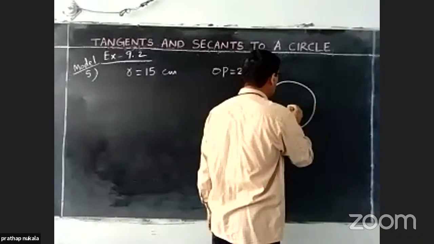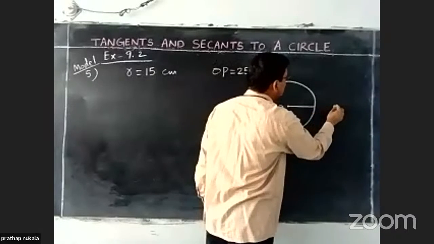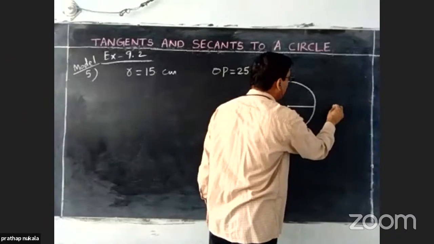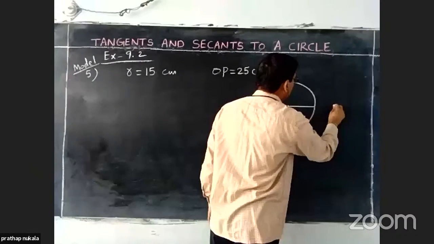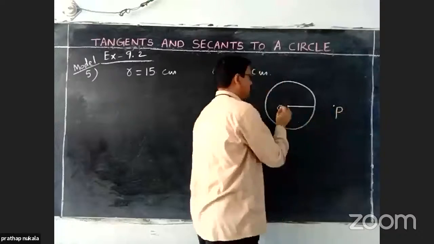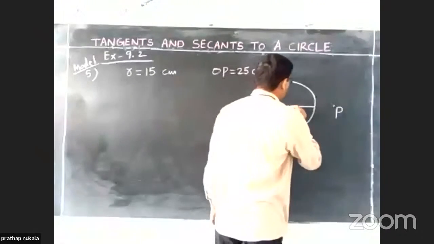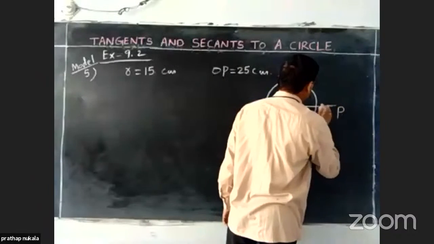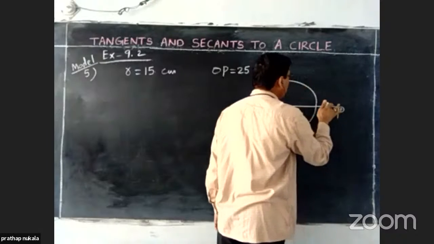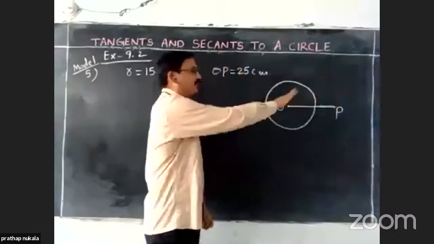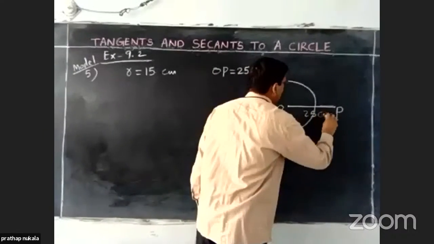Already 15 centimeters from here to here, extend it by 10 centimeters, and locate a point P here. This is point P such that OP equal to 25 centimeters. Join O and P.